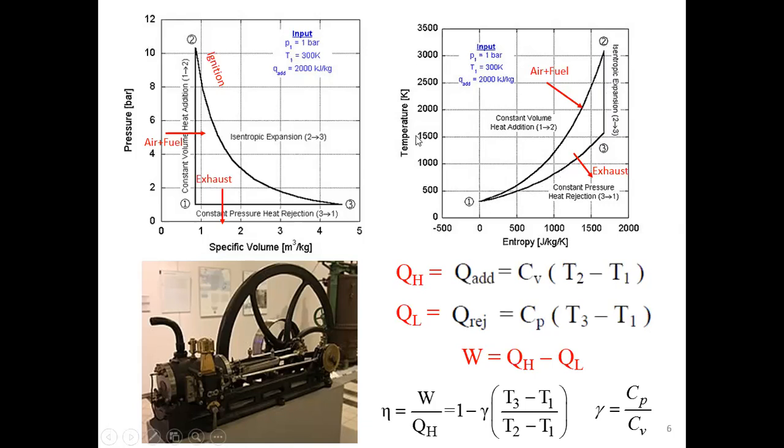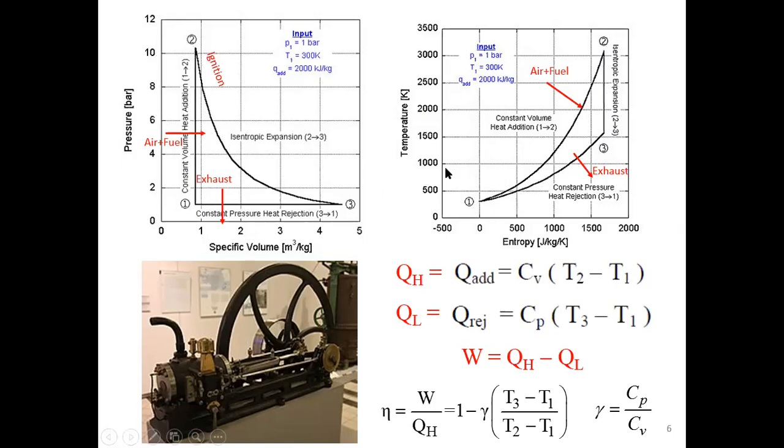So what is the difference between these two? This one I already mentioned. The enclosed area here represents what? The net work that happens. So this enclosed area represents the net work from the cycle.